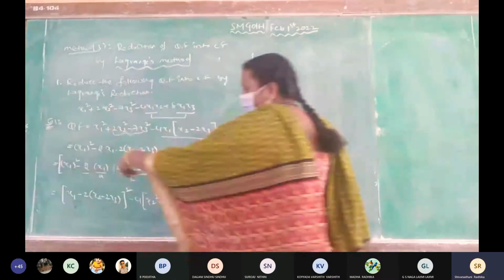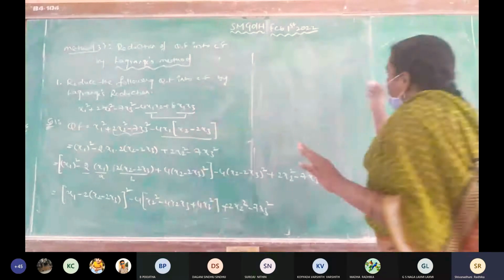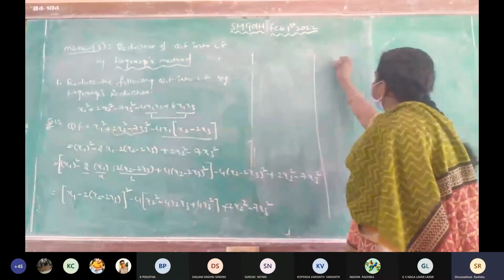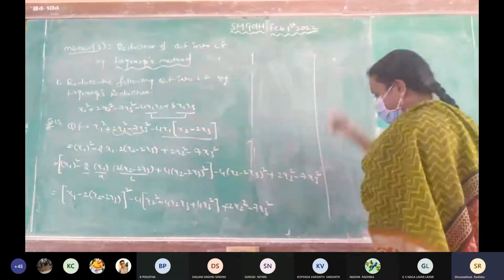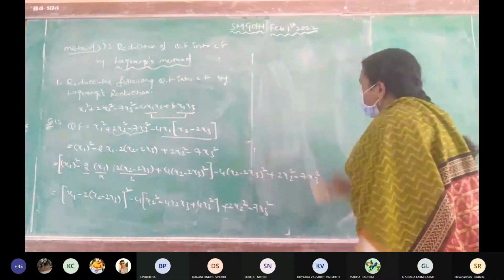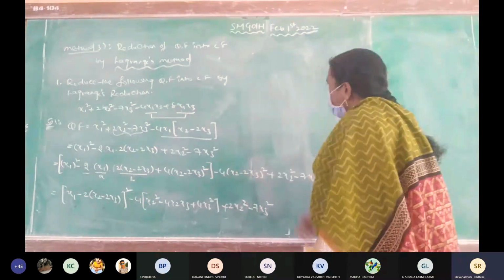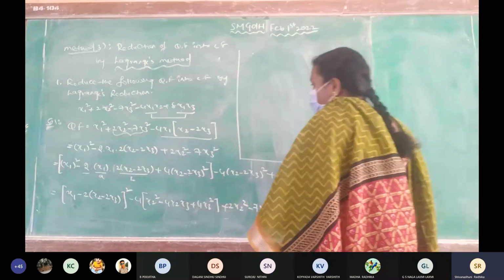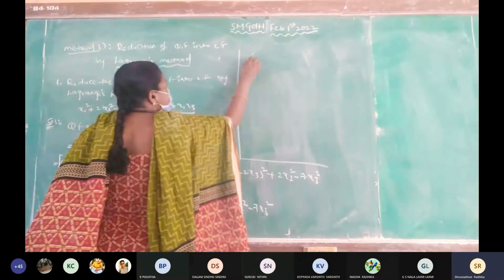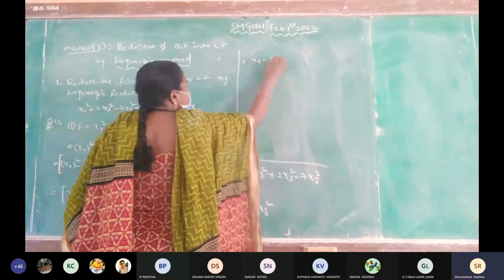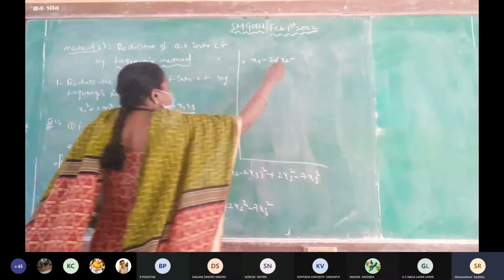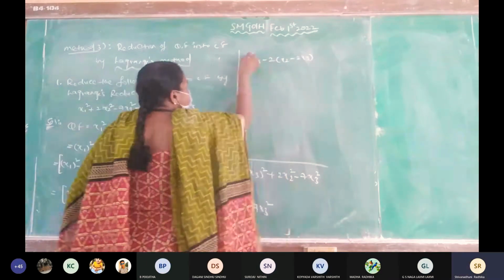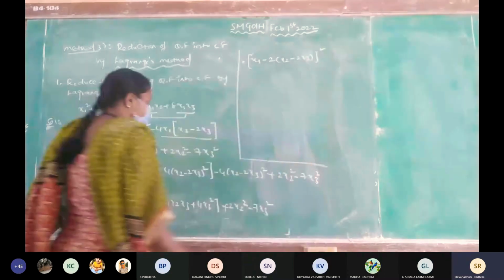That first term is completed. Now I am going to write the first term here: x1 minus 2 into x2 minus 2x3 whole square. This is a completed term.